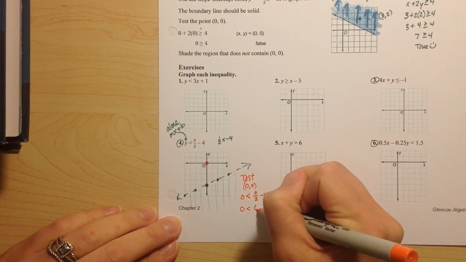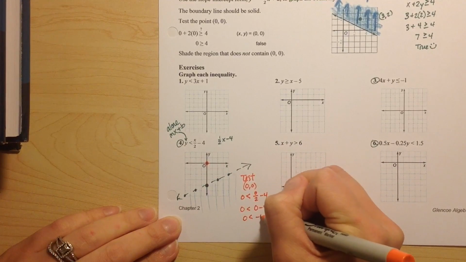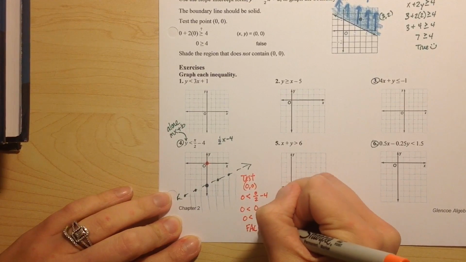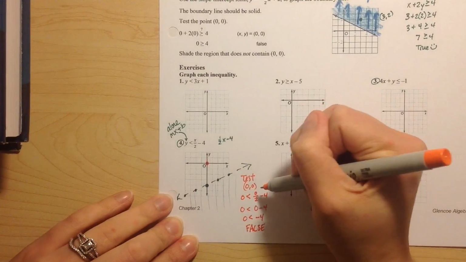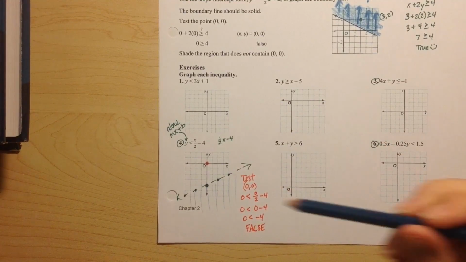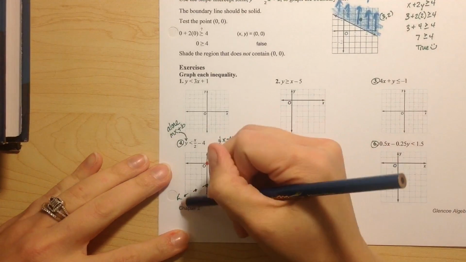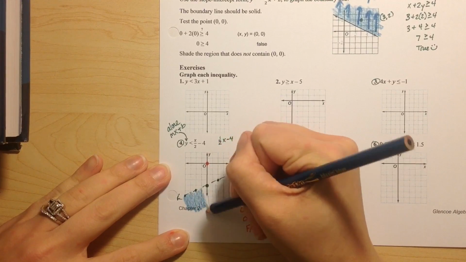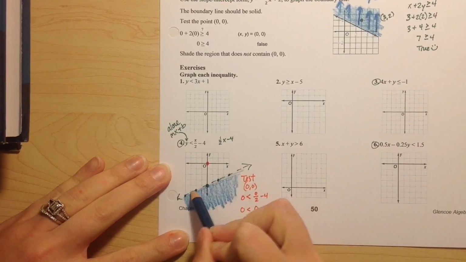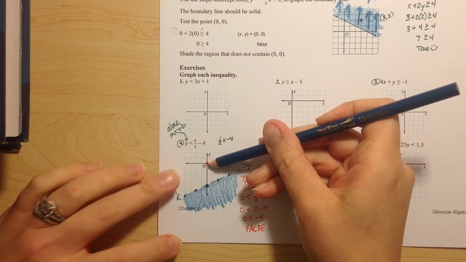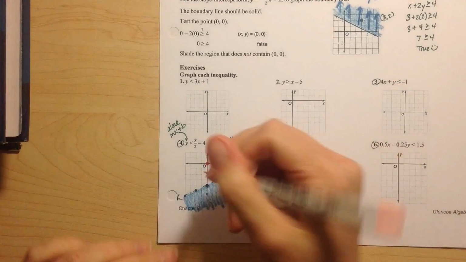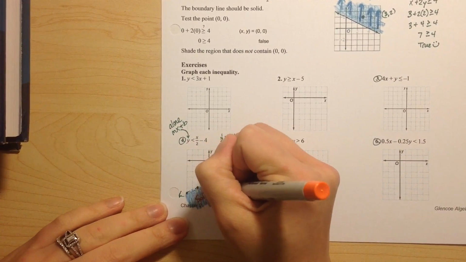Well, 0 over 2 is just 0. Is 0 less than negative 4? Nope, that is false. Meaning this point is not on my answer side. It's not in my solution region. So this side over here is my solution region. If you have any single bad test point on that side, your shading is not on that side. So again, we call this the solution region.